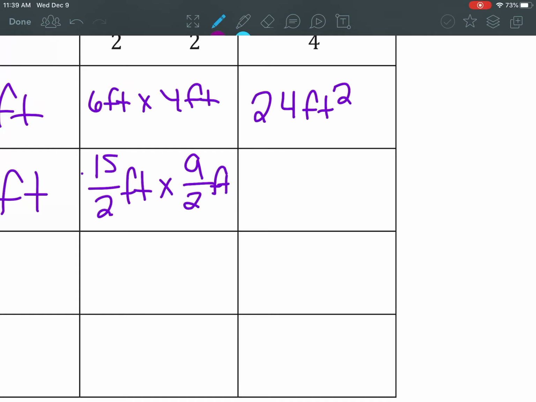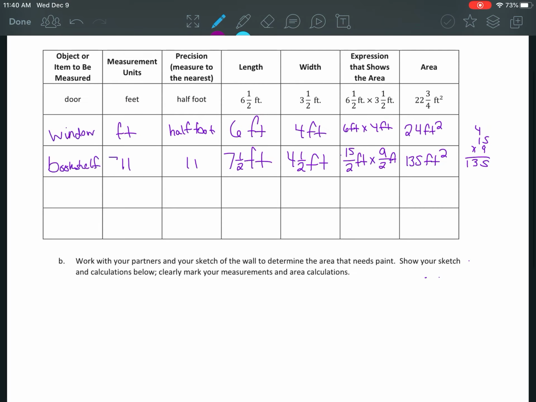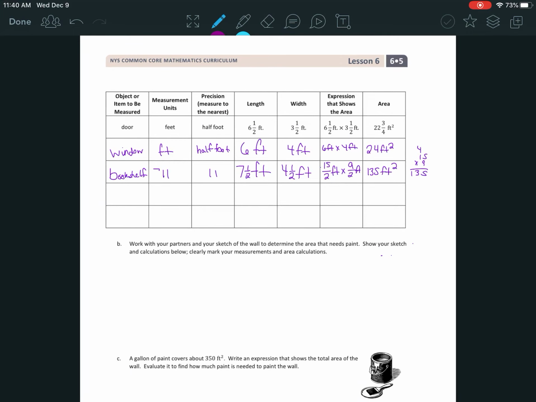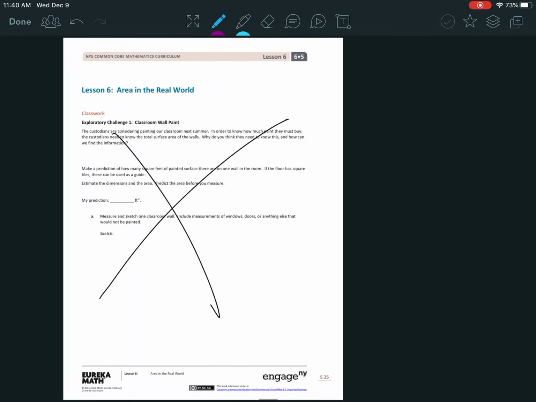Alright, we can't do any cross canceling here, so I would just do 15 times 9. 9 times 5 is 45. 9 times 1 plus 4 is 13. So it would be 135 feet squared for my answer. Okay, so what we would have done on the other page is we would have found the area, but they wanted us to make a prediction.